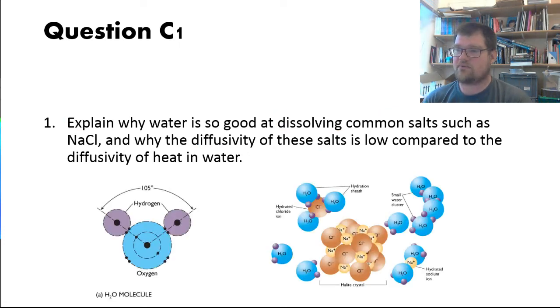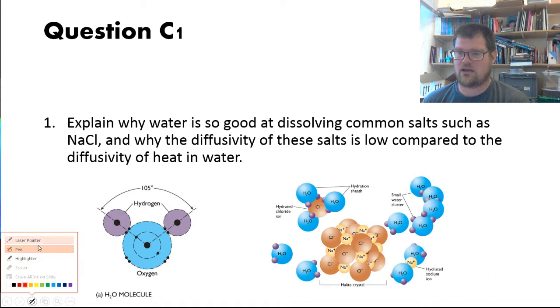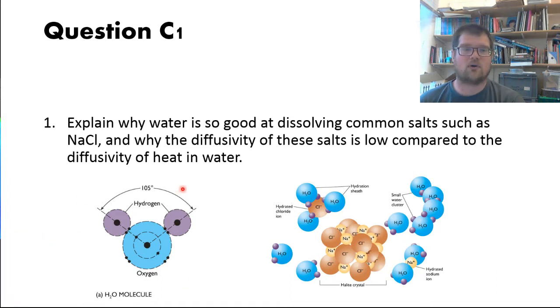So going on to answer the first part of that question, why is it good at dissolving? Things that you should be thinking about here: the water molecule is slightly polar.